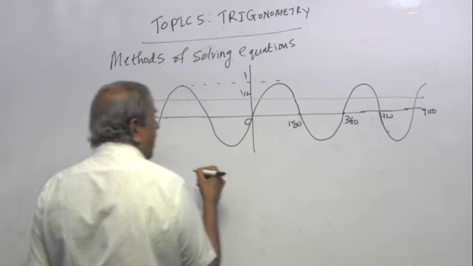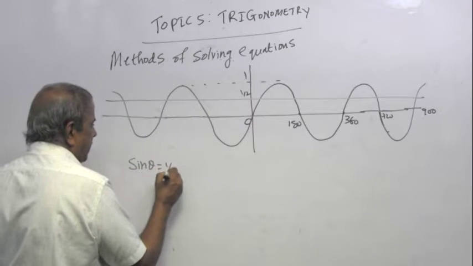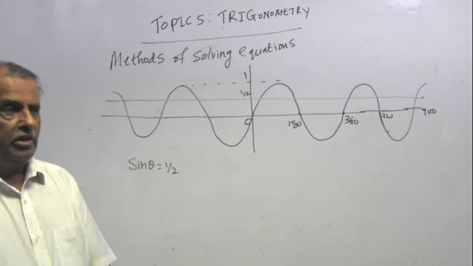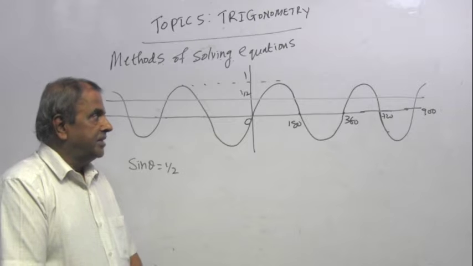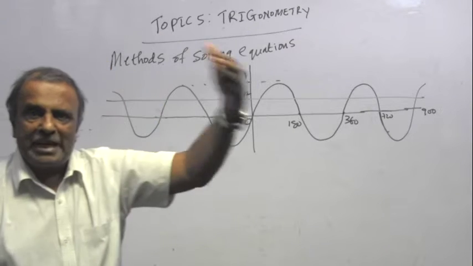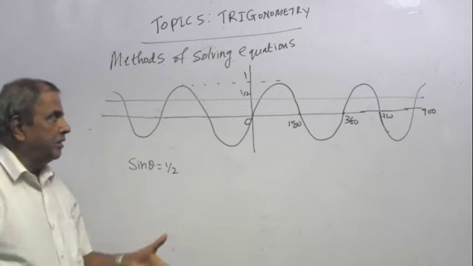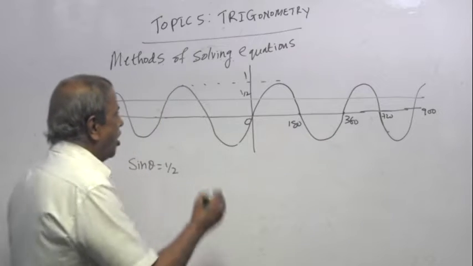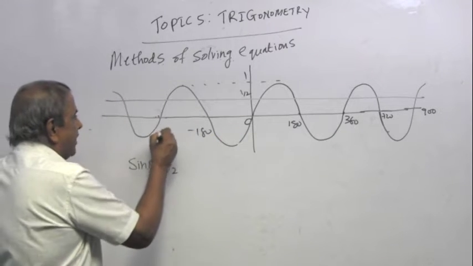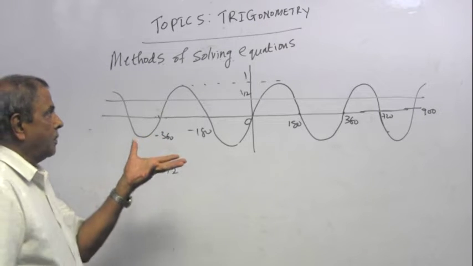In other words, how many values do you have to solve sine theta equal to half? 2 values, 4 values, 6 values. There are millions and billions and trillions of values, meaning it's infinitely many values because the graph never ends. That's why we give a domain between 0 and 360, or between minus 180 and 180, or between minus 360 and 360. Generally, we don't go beyond that.